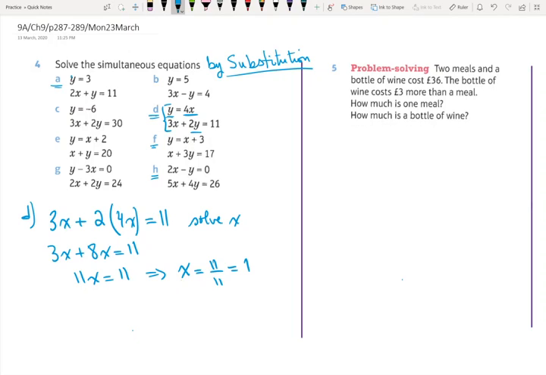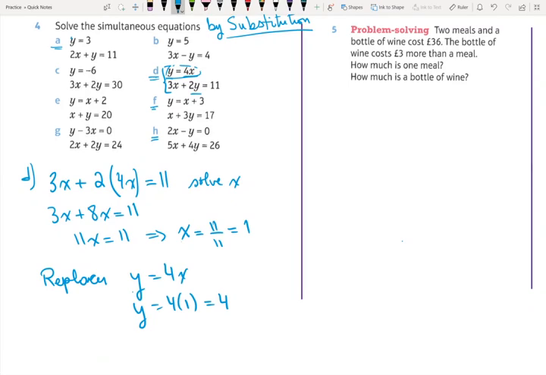Once you find the value of x, you take it and replace it in the first equation. So y equals 4x, y equals 4 times 1, which is equal to 4. So the value of x is 1 and the value of y is 4.